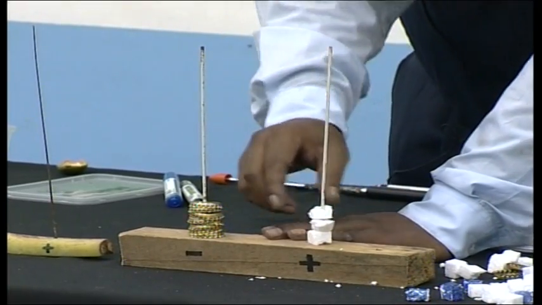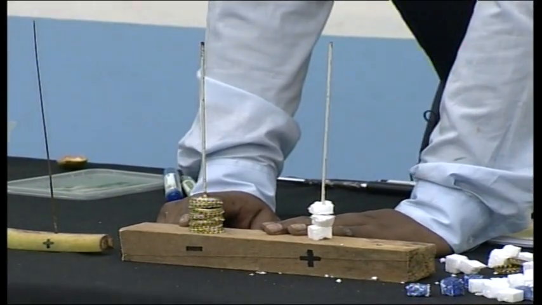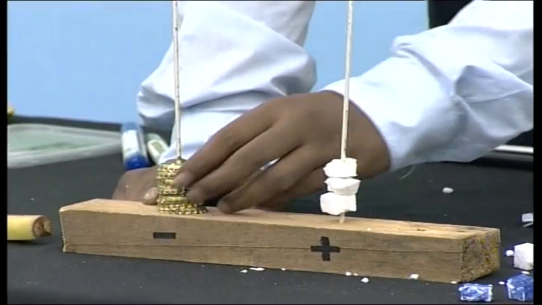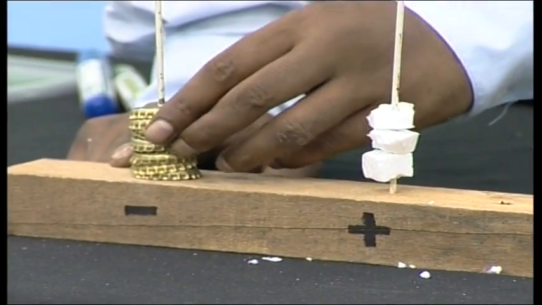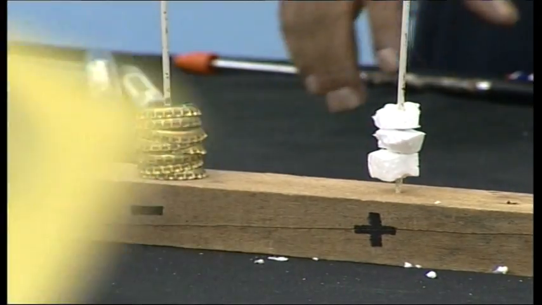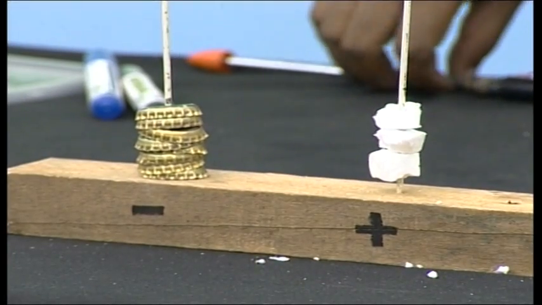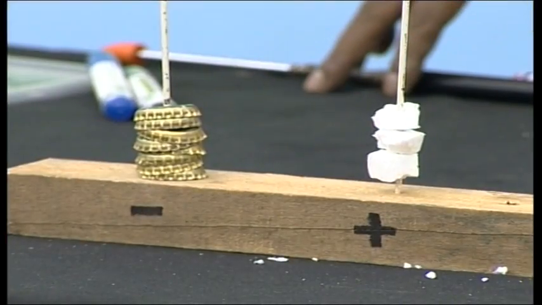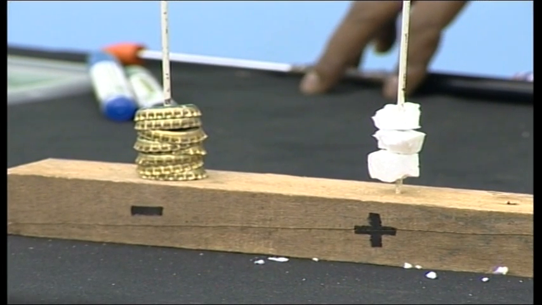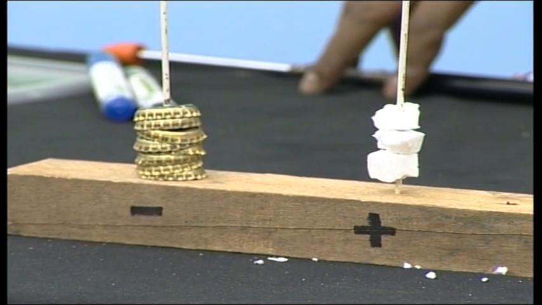So we'll have only 3. Class, we have 3 blocks and 8 bottle tops. What is our directed number showing? LC. Negative 5. Negative 5. Is she correct? Yes. Very good.